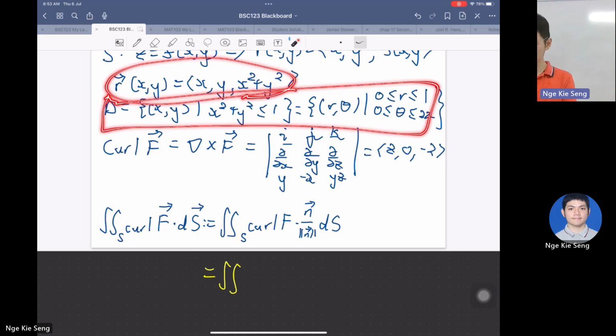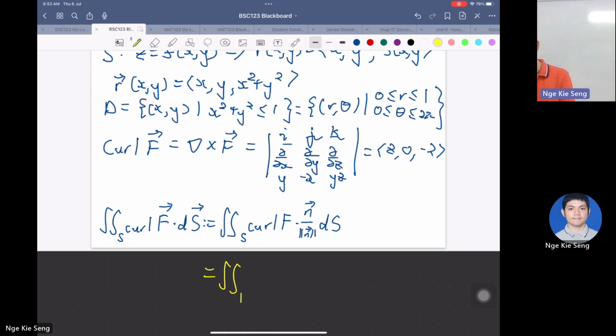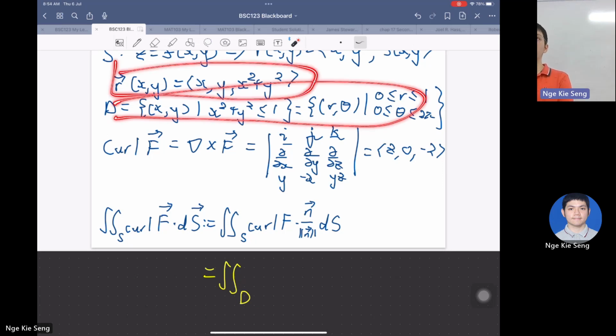So we change to the domain of the curved surface. From the surface S, we change to D. It's the flat domain that defines your curved surface. Correct or not? So you see D is the flat one, and R is the curved one.